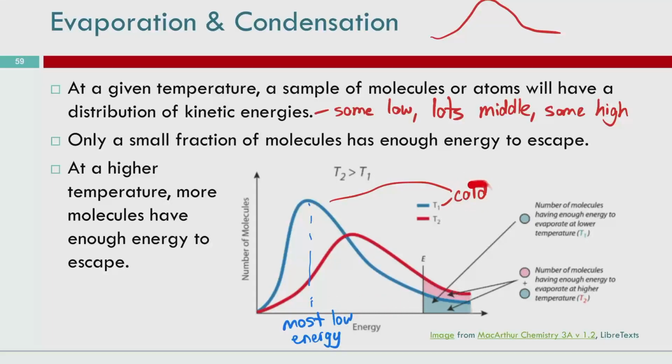If you heat it up from cold to a little bit warmer, now our peak has shifted over. So rather than most of our molecules being lower energy, they're now a little bit higher energy. Our peak has also moved forward.